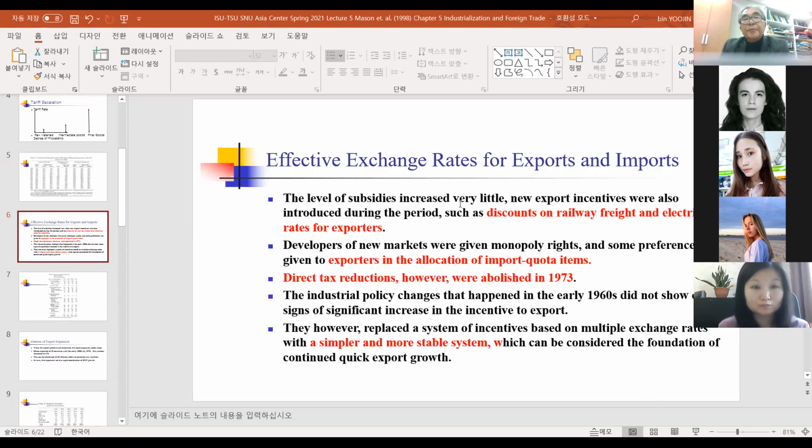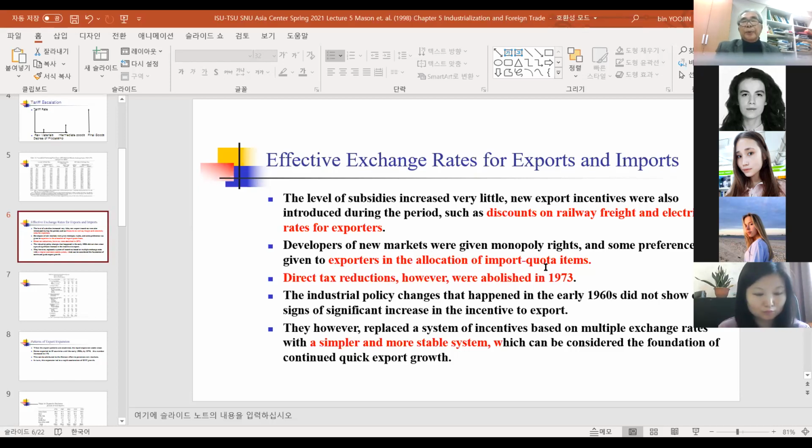The level of subsidies increased very little. New export incentives were also introduced during the period, such as discounts on railway freight and electricity rates for exporters. Developers of new markets were given monopoly rights, and some preference was given to exporters in the allocation of import quota items.